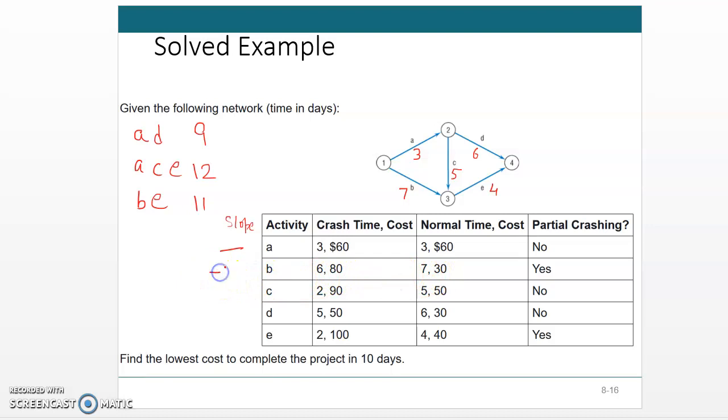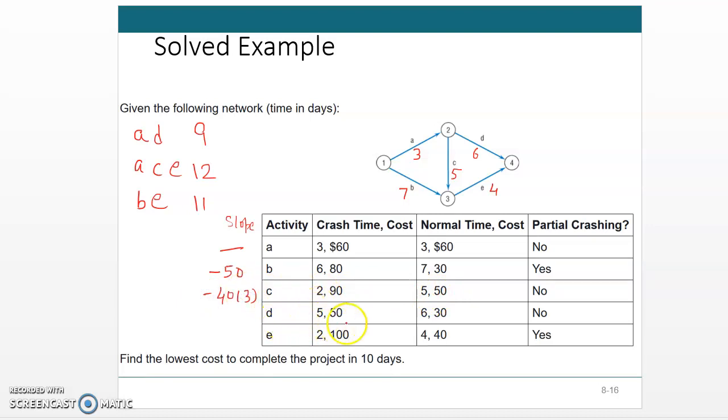C will have a slope of 90 minus 50, which is 40, but because partial crashing is not allowed, this will be 40 for 3 days.